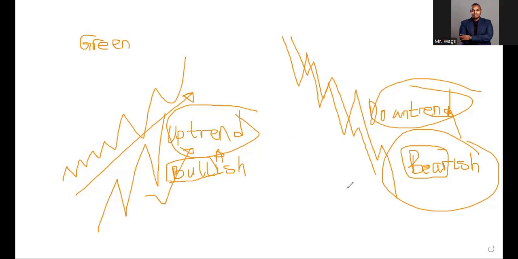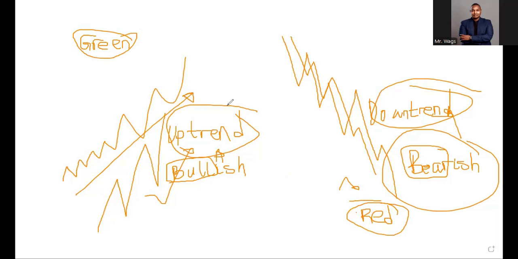And when a bear attacks you, it will throw you down, and a bear always feeds on meat. So it's red in color. So therefore, you would see a bearish market represented by red in color. So there is where we have these colors and these terminologies.